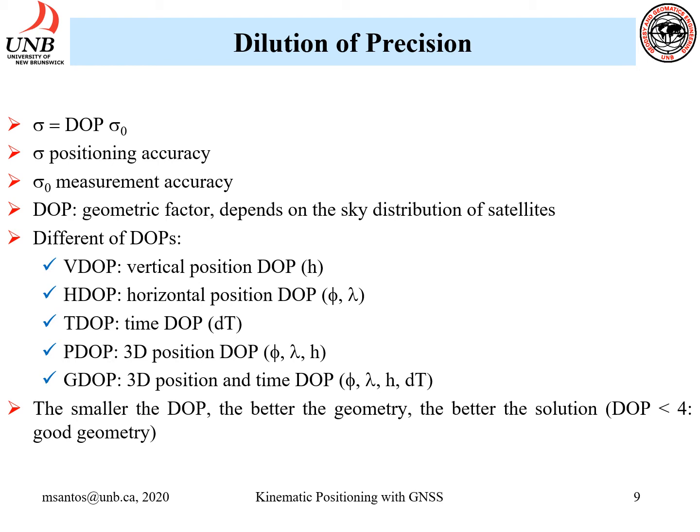There is the PDOP, which is the DOP for the 3D positioning, and the GDOP, which includes all components: latitude, longitude, height, and clock offset. The smaller the DOP, the better the geometry, the better the solution. And typically, we think of a DOP that is less than 4 as indicating good geometry.